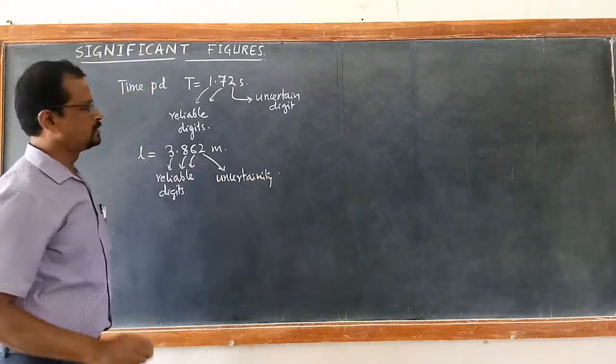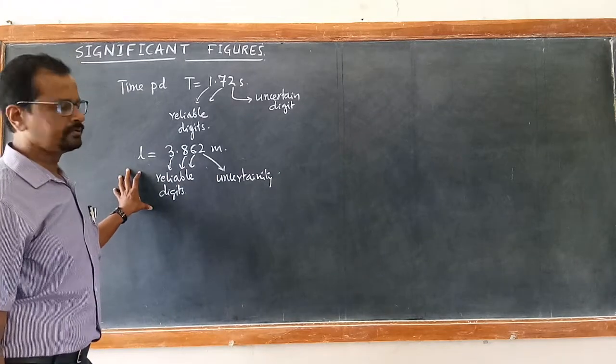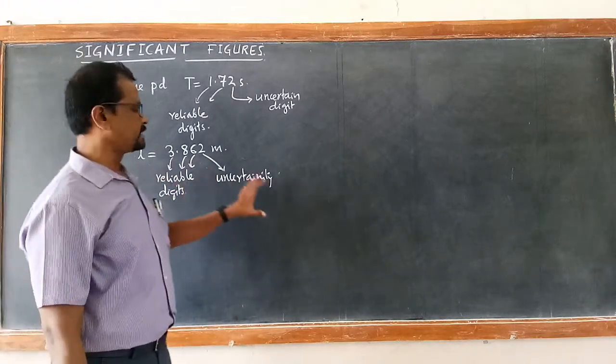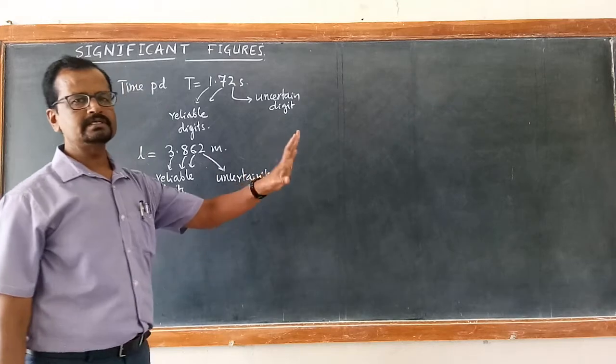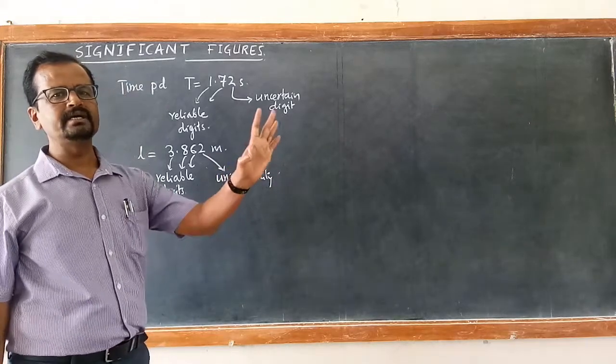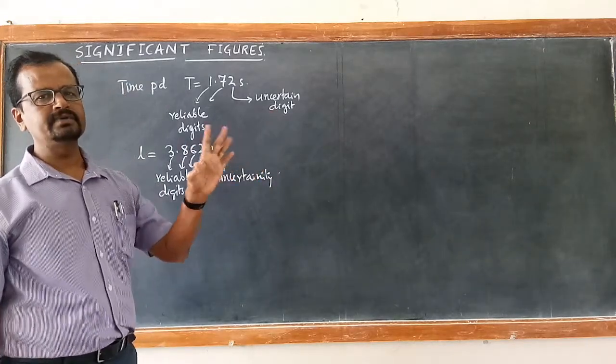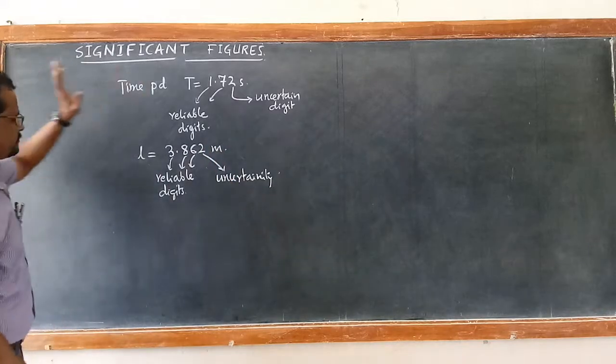Uncertain digit. Such a combination of reliable digits with an uncertain digit gives us what is known as significant digits, or significant numbers, or significant figures.